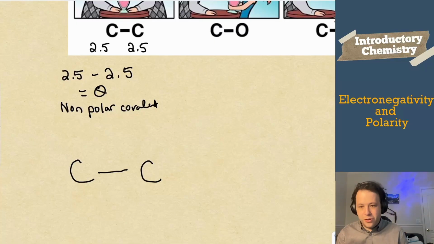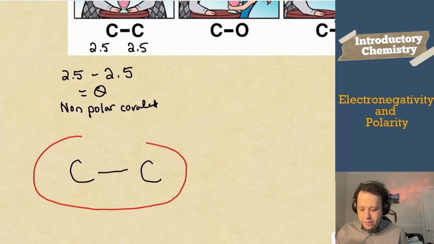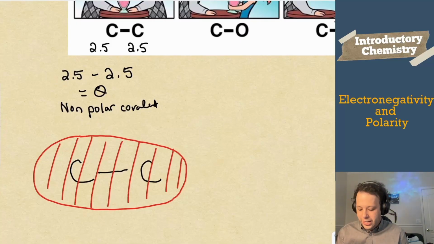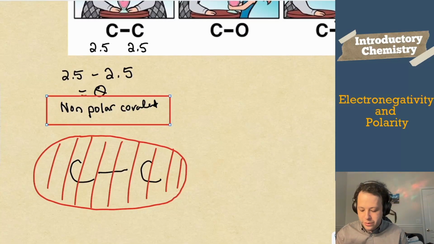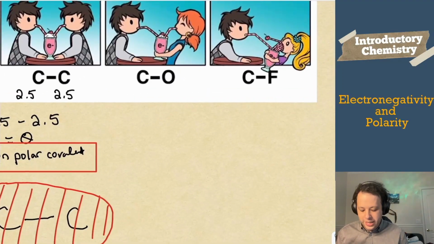Well, if I have these two carbons that are bound to each other, and I draw a little electron cloud around them, it's going to be a nice, even distribution of electrons across that cloud. So it's nice and happy. It's nice and nonpolar. This is exactly what these different species sort of want. They want to try to be nonpolar if possible. And that's what we're seeing here.